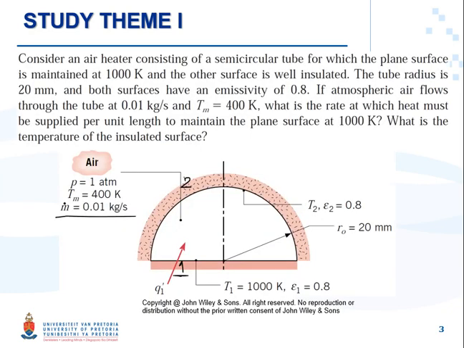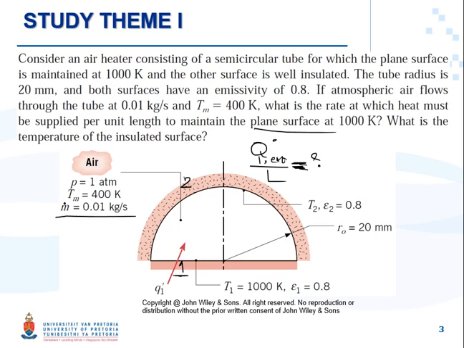The question is asking what is the rate at which heat must be supplied per unit length to maintain the plane surface at 1000 Kelvin. So basically it is asking for q1 ext divided by L. It's asking, give me this number.